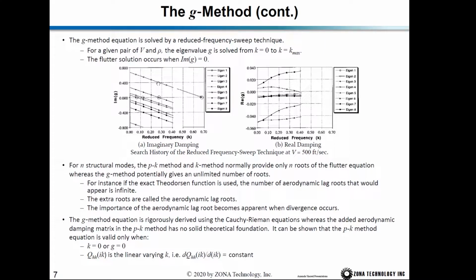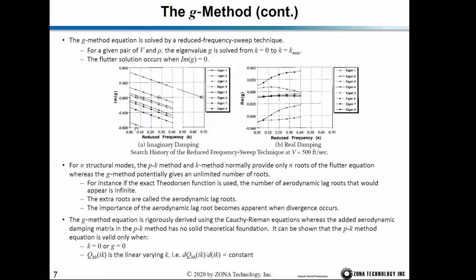The G method equation is solved by a reduced frequency sweep technique, because we are looking for the imaginary part of the damping to be 0. So we won't have a real damping. You first plug in k equals 0, and you have 4 modes. It will give us 8 sets of real part of damping and 8 sets of imaginary part of damping.